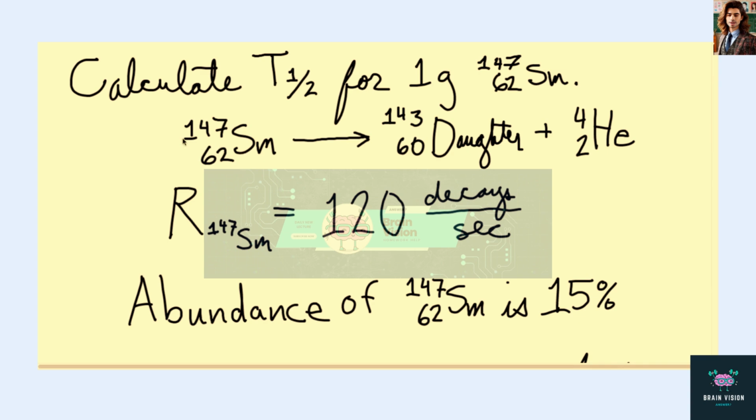We have samarium-147 that decays into a daughter element of some sort that has atomic mass number 143 and atomic number 60, and the other decay product is the alpha particle. An alpha particle has an atomic mass unit of 4 and an atomic number of 2, and it is a helium nucleus.